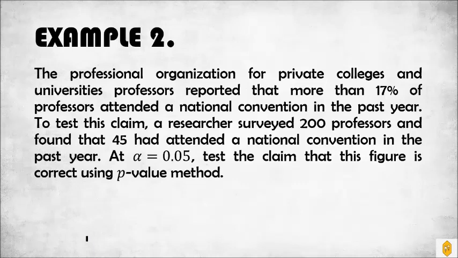Mamaya po ipapakita ko sa inyo kung paano tayo nagko-compare ng digits using p-value at saka alpha. Pero sa gagamitin nating table, para makapag-provide tayo ng p-value, hindi na natin gagamitin ito. Okay? Gagamitin na lang natin yan for illustration and for comparison.